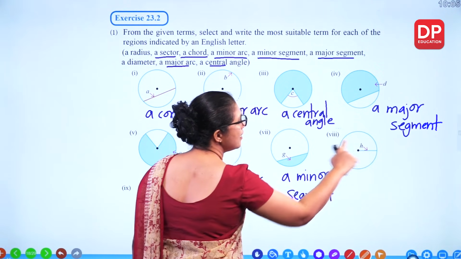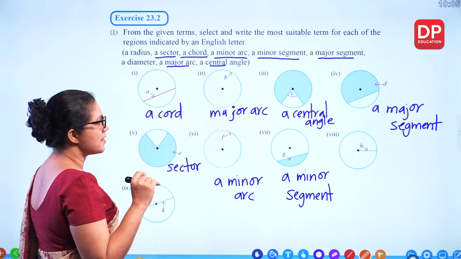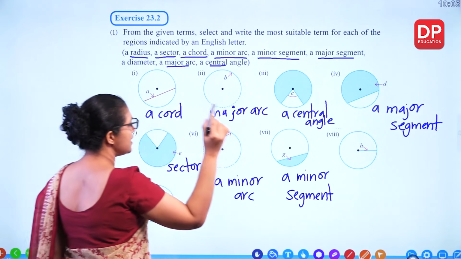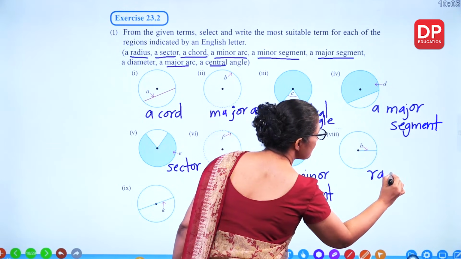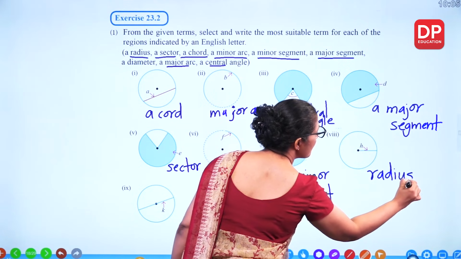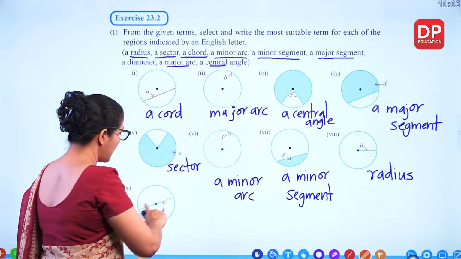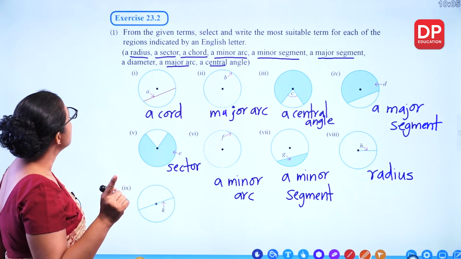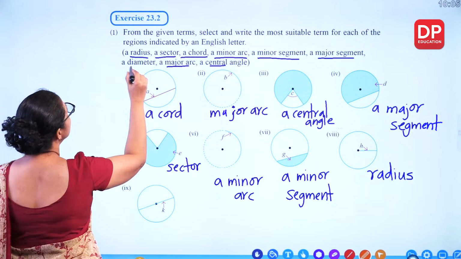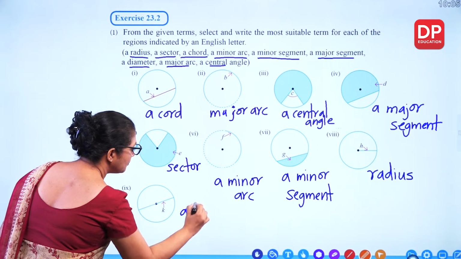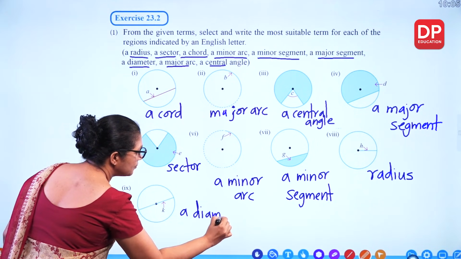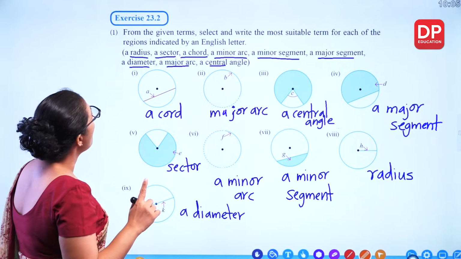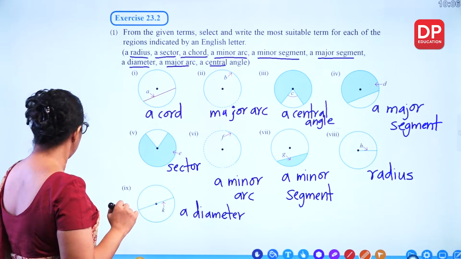And this is the radius from center to any point on the circle. Radius. And this is the line passing through the center. That's the longest chord, diameter. So we identified all terms.